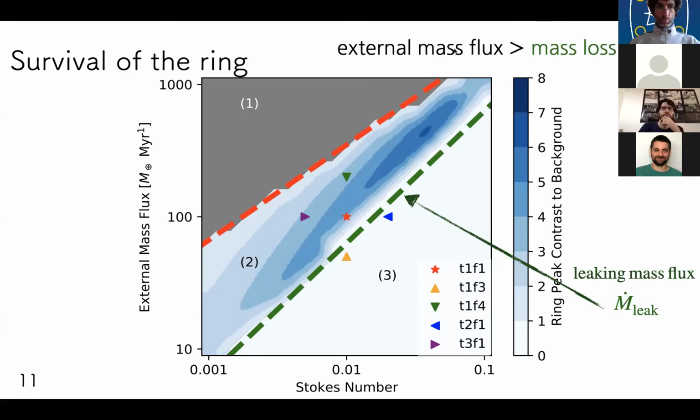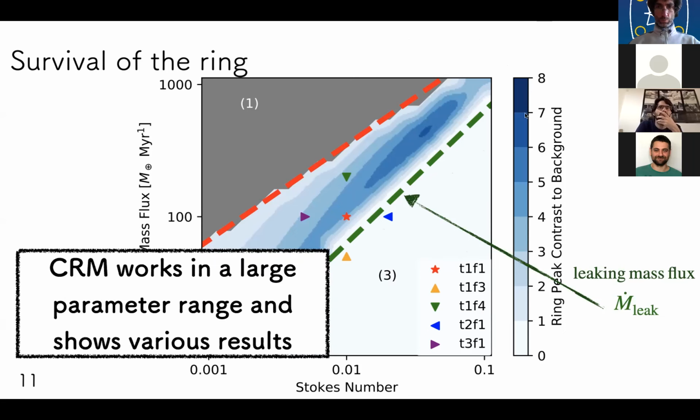Once the external mass flux is larger than the analytically predicted leaking mass flux, we will have a ring that survives. And as you can see here, the ring features show various results, which can have very high contrast to the background regions, or can be very thin.